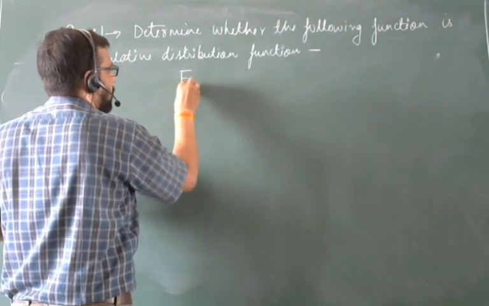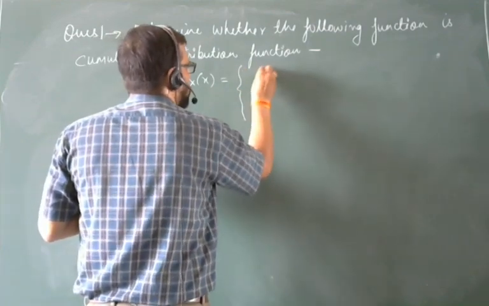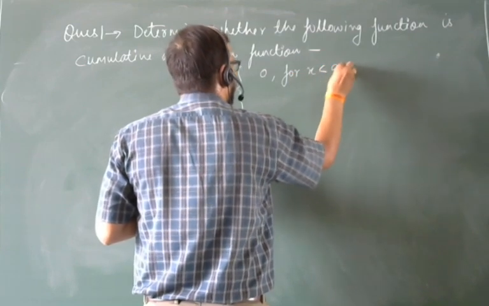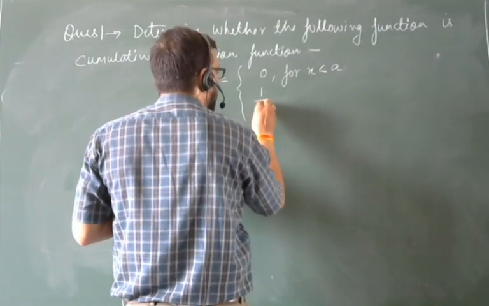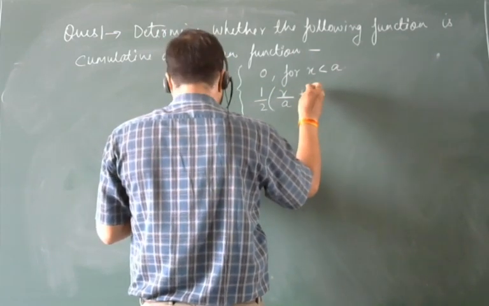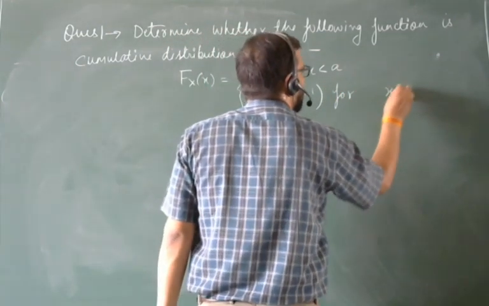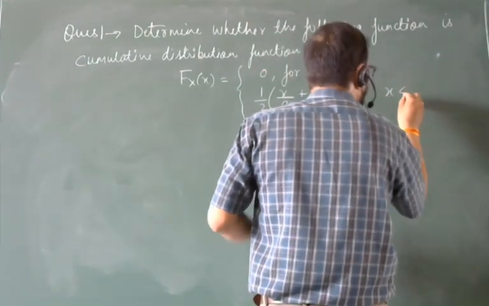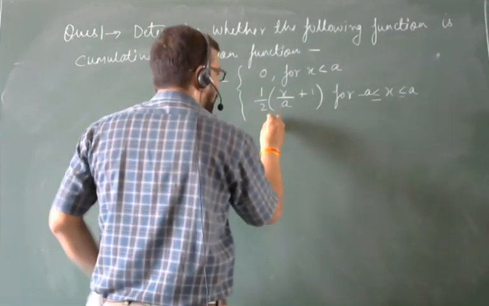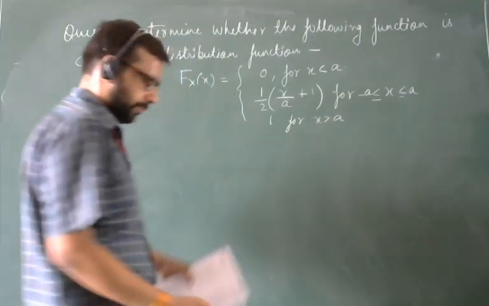F is equal to 0 for x less than a, 1 upon 2 times (x upon a plus 1) for x less than or equal to a and greater than or equal to minus a, and 1 for x greater than a. Okay.